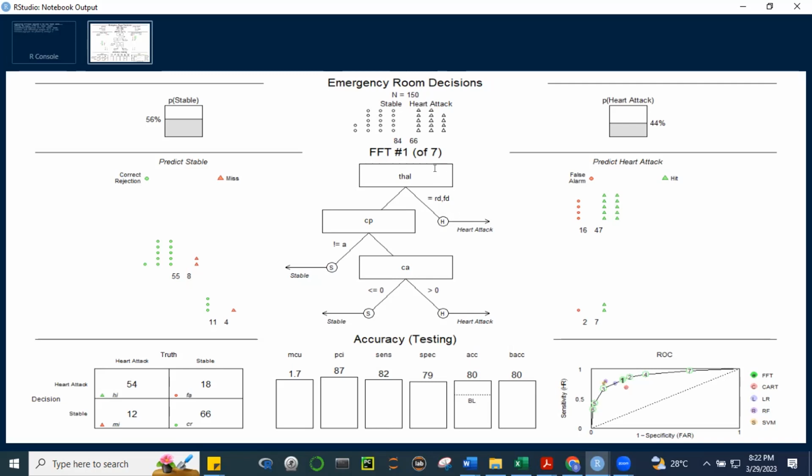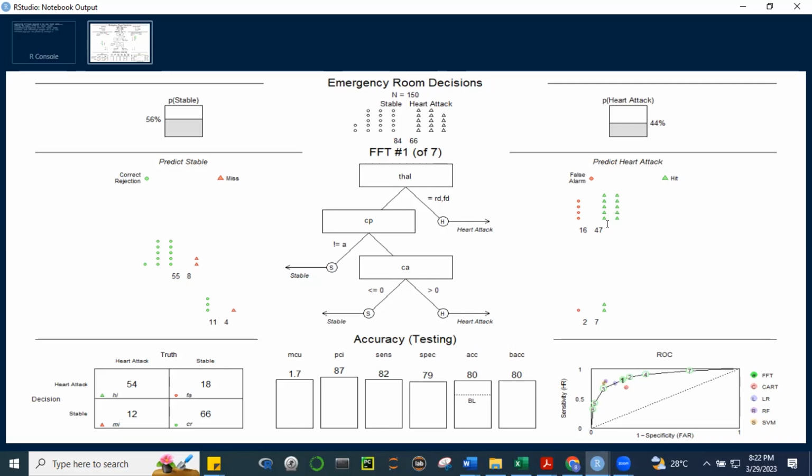Okay? When this was applied, tinignan muna yung mga RD FD. So ilan lahat yung may RD FD sa thal? Ito yon. 63 lahat yon. Ilan ba to? 16 plus 47, that's how many? 63, sir.